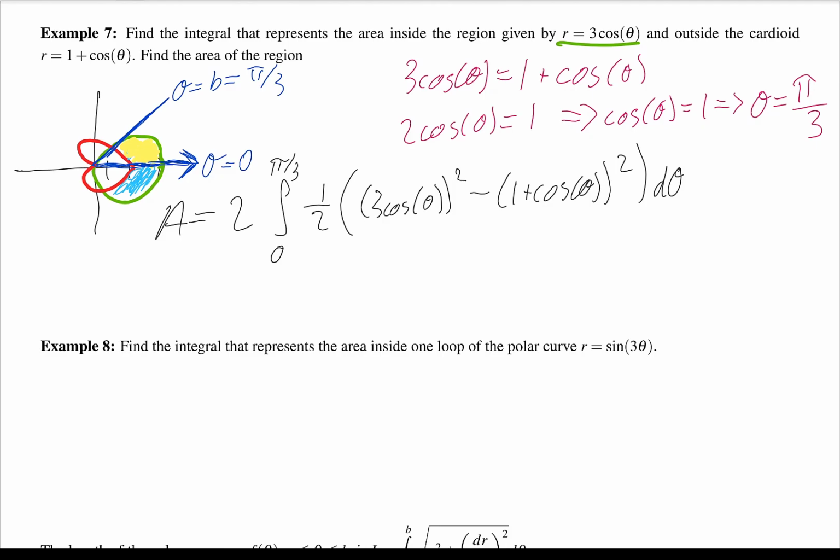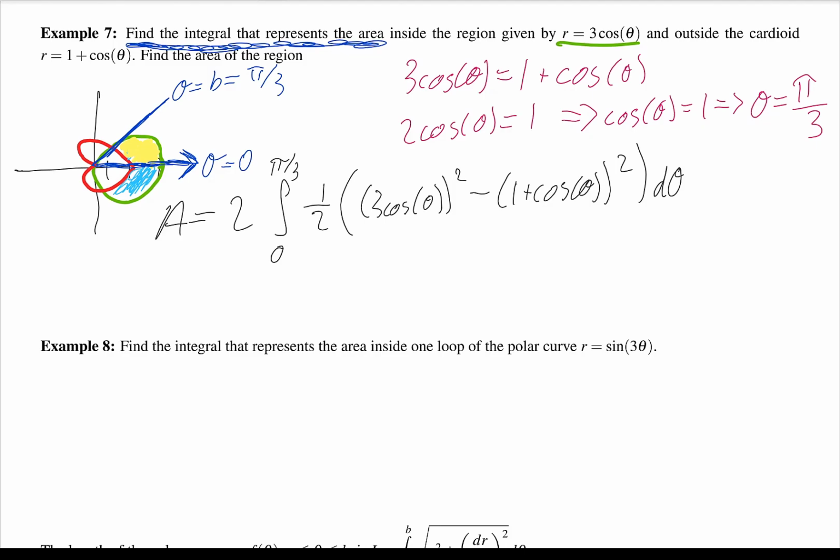But again, if you did want to solve it, the general idea is square both of these, cancel out terms, and then integrate piece by piece. Also notice that for this question, we're only asking for the integral that represents the area. So make sure you're paying attention on exams and stuff. When someone asks for the integral that represents the area, you don't need to find the actual number.